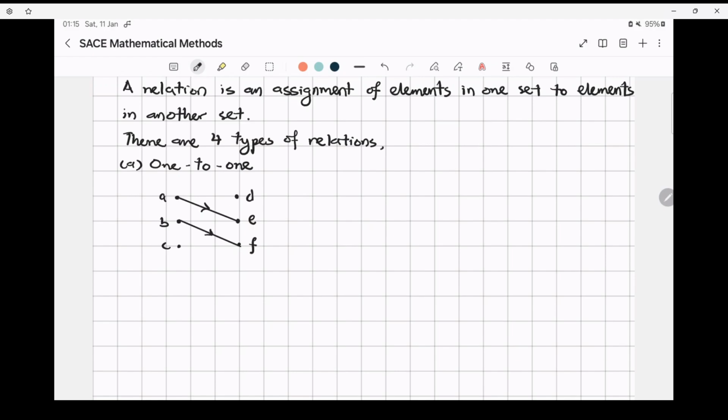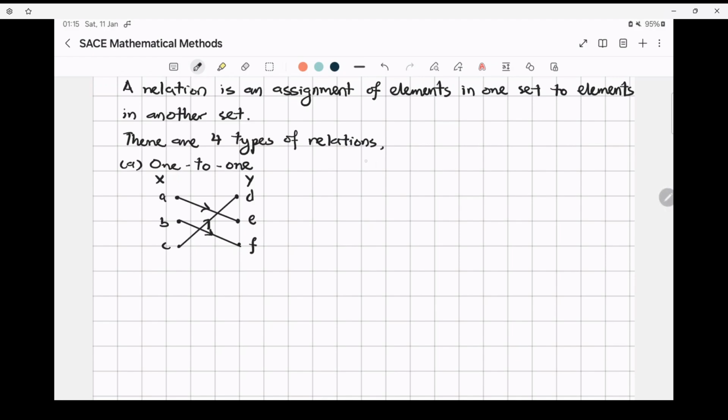Each of the elements from set x, so let's say this is set x, this is set y, each of the elements in set x is mapped to one element in set y. So that will be one-to-one.